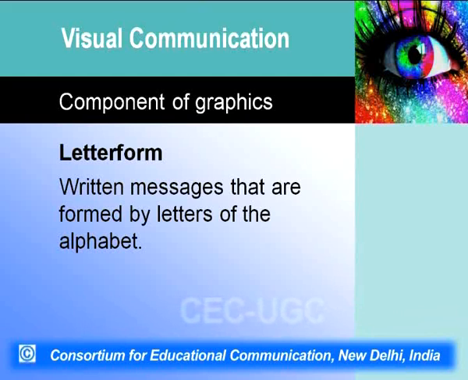The letters are the shapes formed by the letters of the alphabet. In earlier days, human beings created images, and these images were written in sequence, and they used to communicate the message. This letter form is simplified gradually. It turned into lines and curves. These lines and curves converted into the letters.